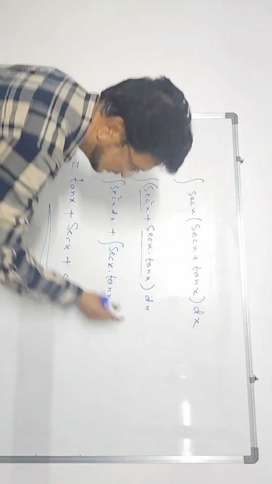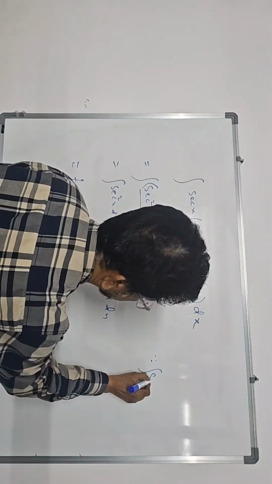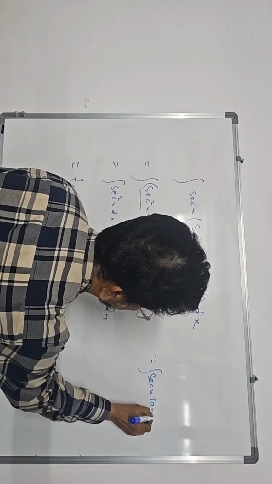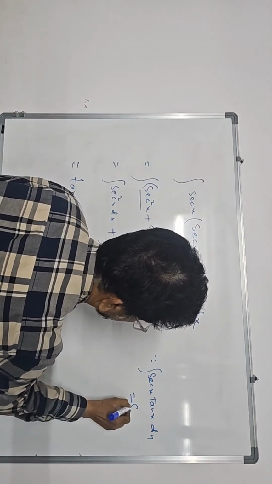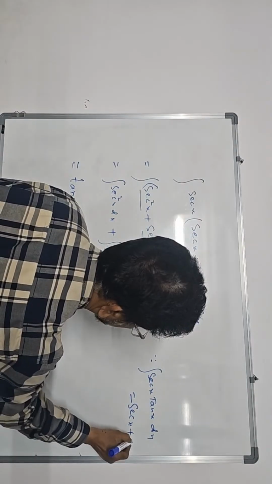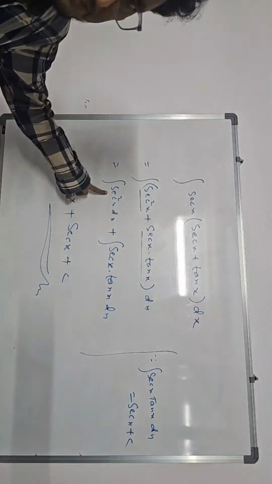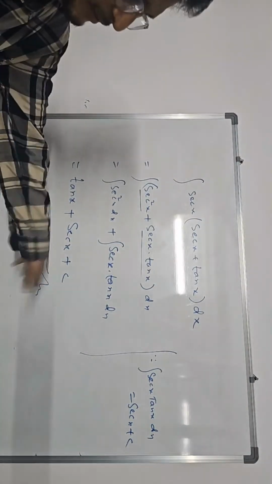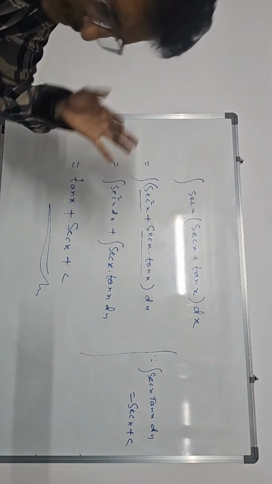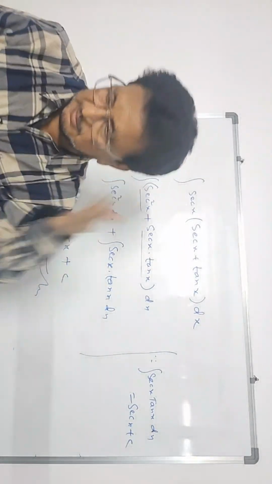If I had not given this formula, you could write that the integration of sec x tan x is equal to sec x. This is the formula. Integration of sec square x is tan x. Okay, this is the answer. In 1, 2, 3 steps, within 3 steps, we got the answer.